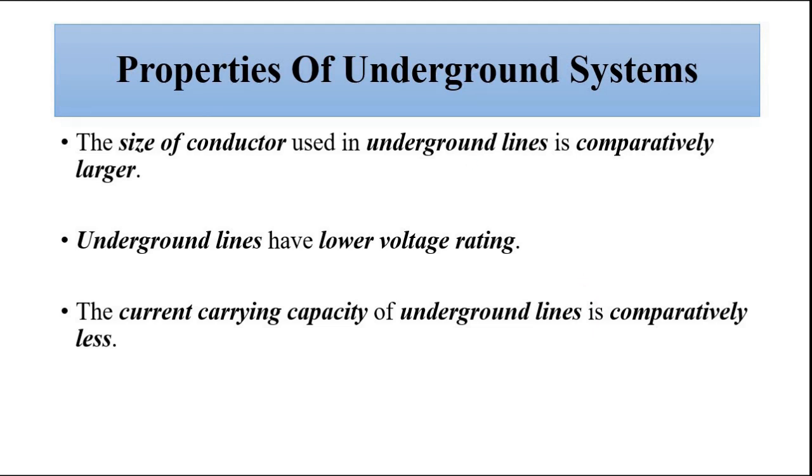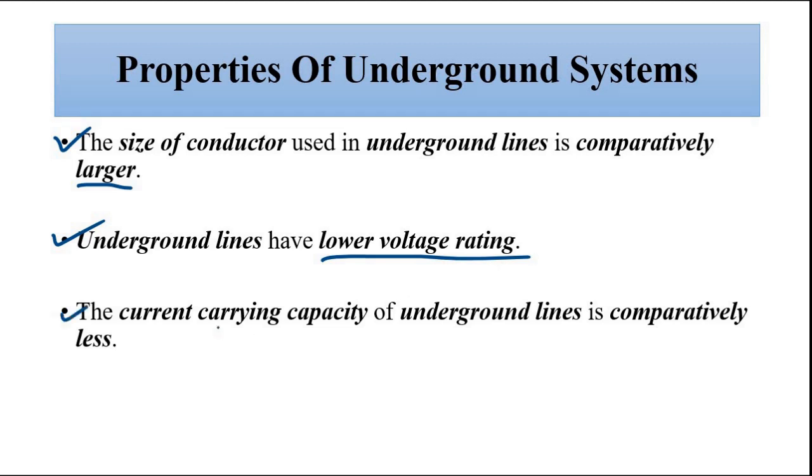For the underground system, the size of the conductor used in underground lines is comparatively larger, whereas for overhead it is small. Large conductors mean high cost. Then underground lines have a lower voltage rating; for overhead it was high.